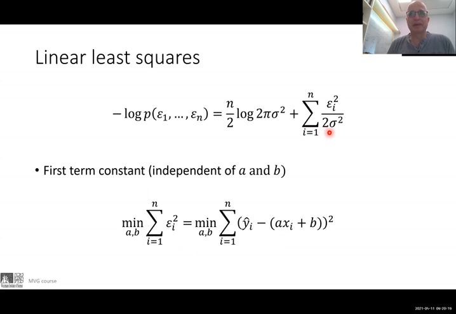The sigma square is constant and we can exclude it from the minimization, and so we just minimize over a and b the sum of epsilon i square, which is the minimum of the sum of yi minus (a xi plus b) squared.